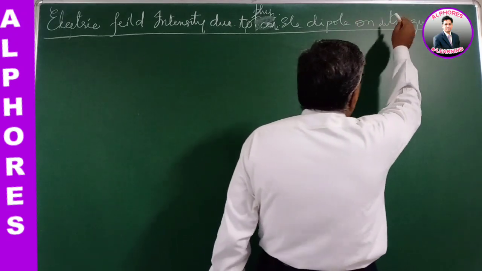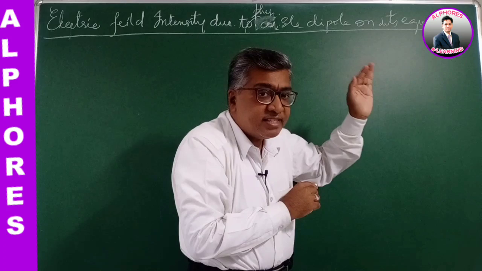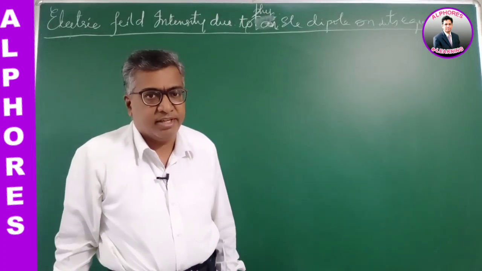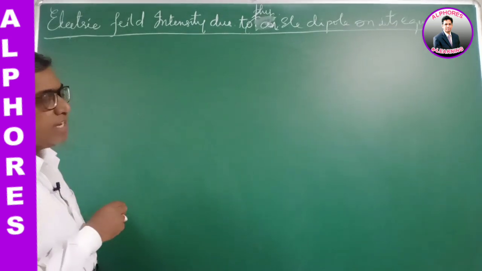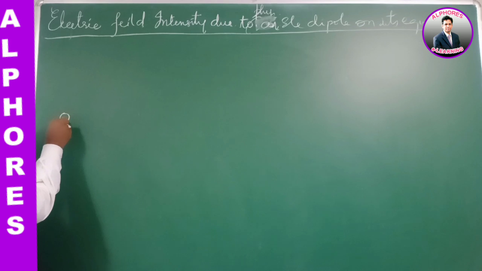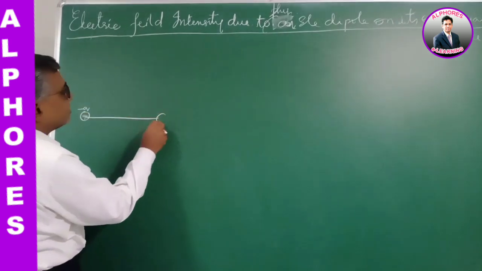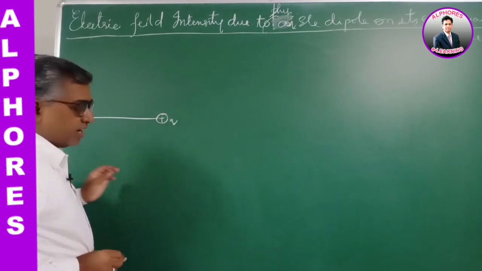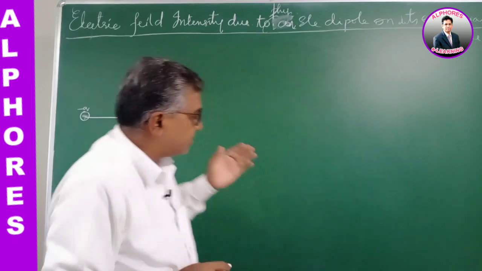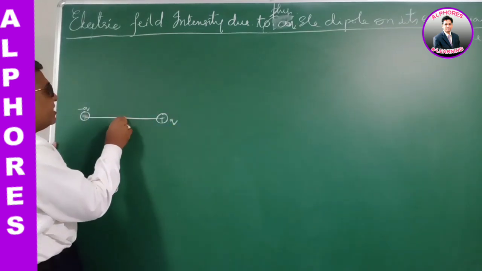Now, we have to find the electric field intensity due to an electric dipole on its equatorial line. Now, what is the equatorial line of the electric dipole? Suppose I imagine a dipole, let's say this is minus q and this is plus q, separated by a small and finite distance.